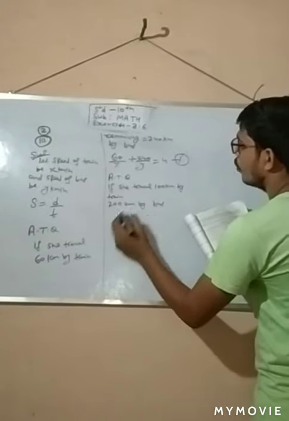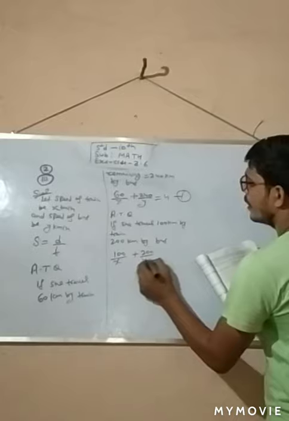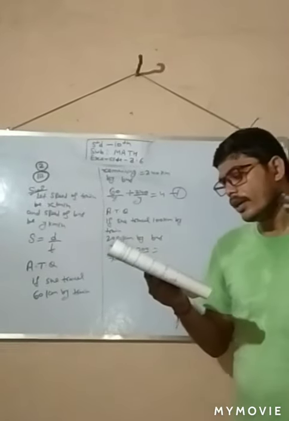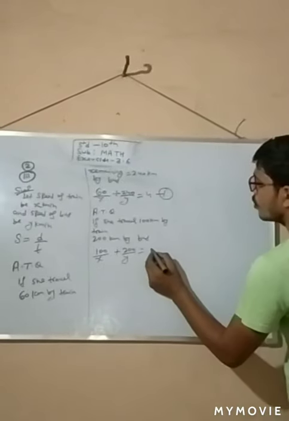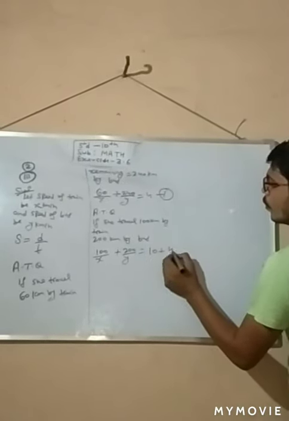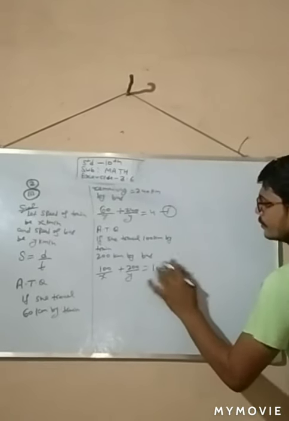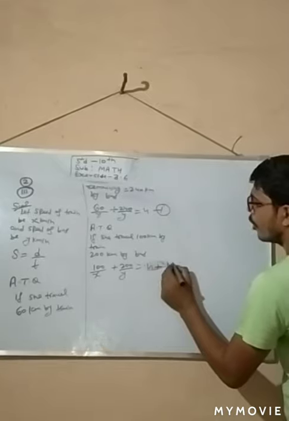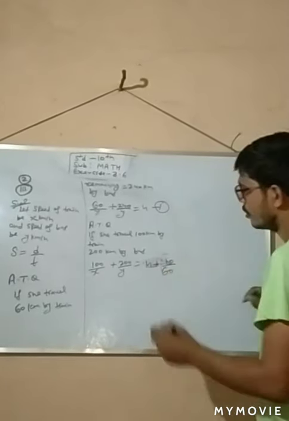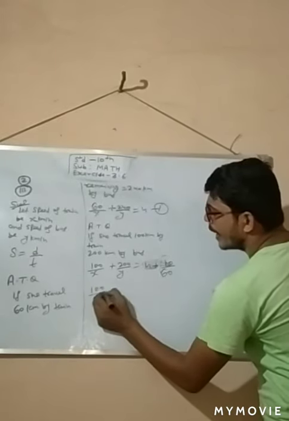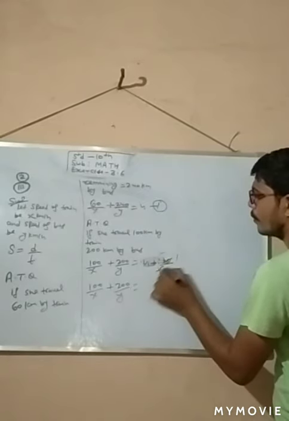So now 100 upon x plus 200 upon y is equal to, now she takes 10 minutes longer than the first. 10 minutes longer means 4 plus 10 upon 60. This is the hour and this is the minutes. So convert it to the hour. Now 100 upon x plus 200 upon y is equal to 4 plus 1 by 6.